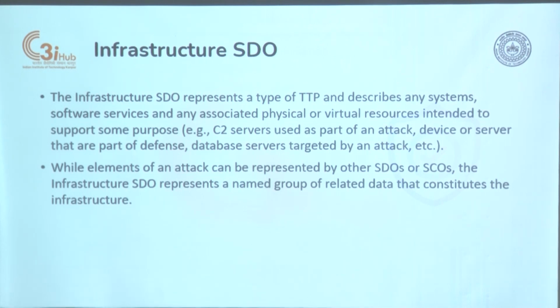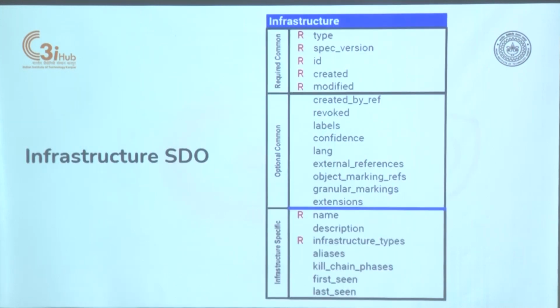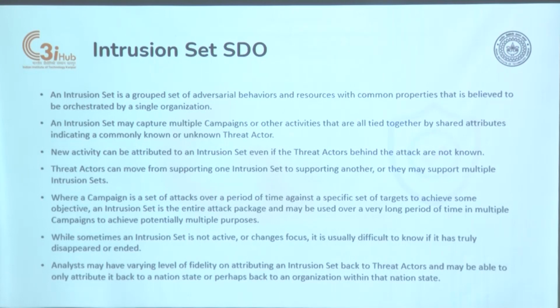The infrastructure SDO has a name, infrastructure type, description, the kill chain phases in which this infrastructure is used, and so on. So that kind of information could be there.